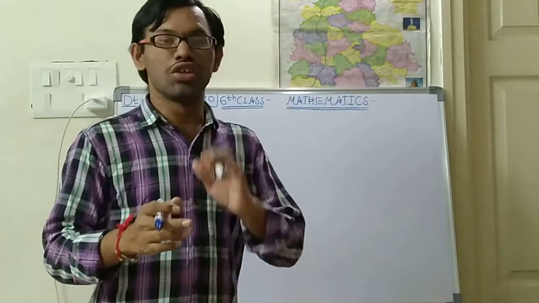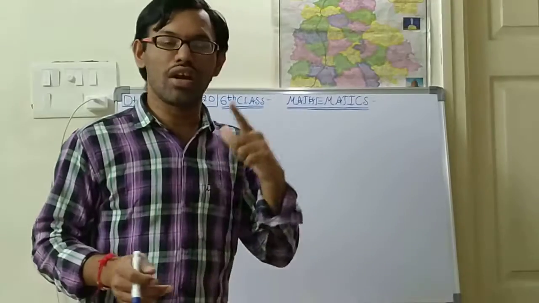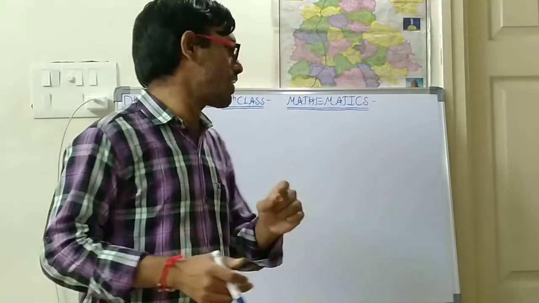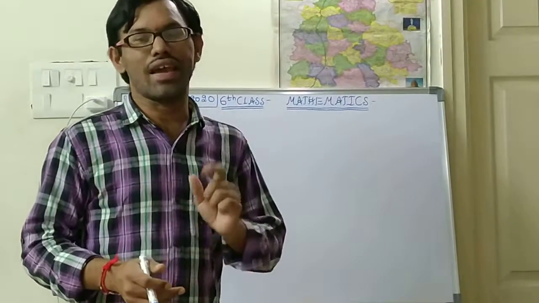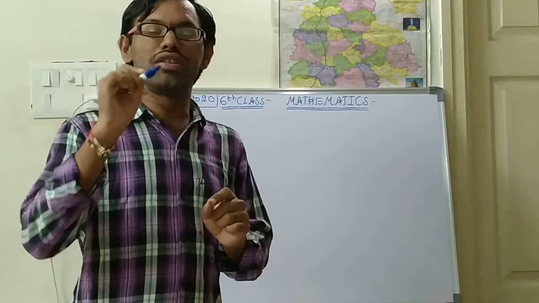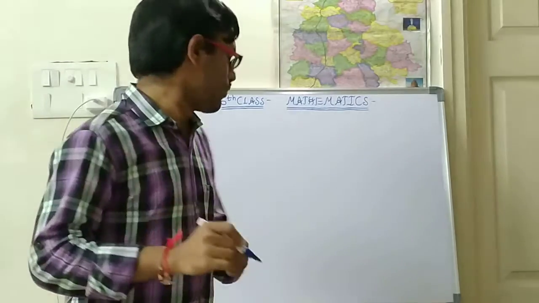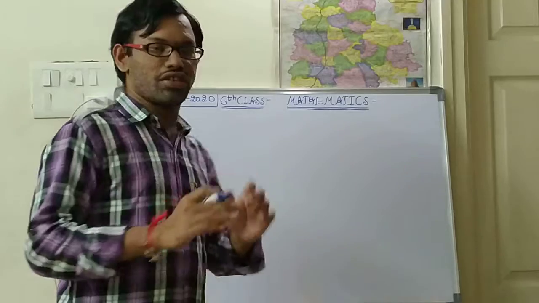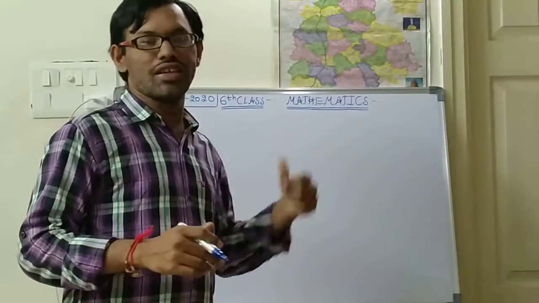Is it right, children? I have already given one homework, forming the triangle with a number of dots. If you want to check the answer, you can see the answer.